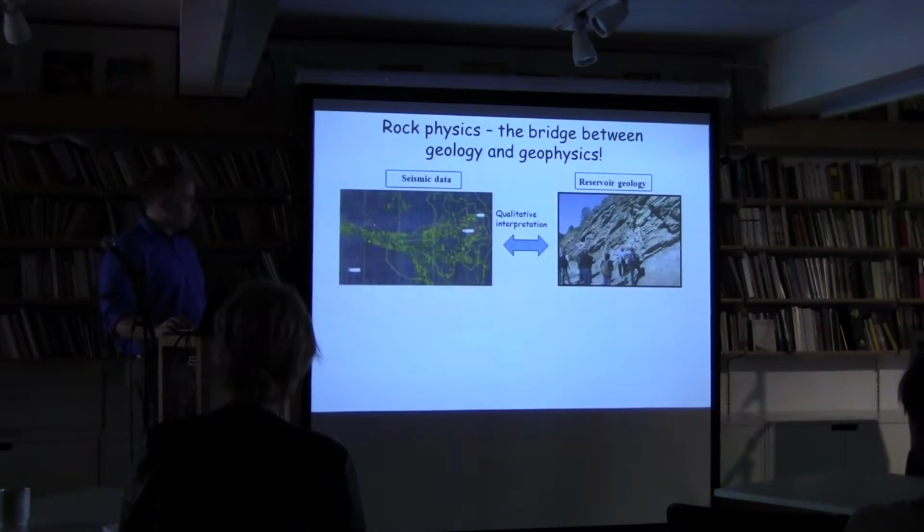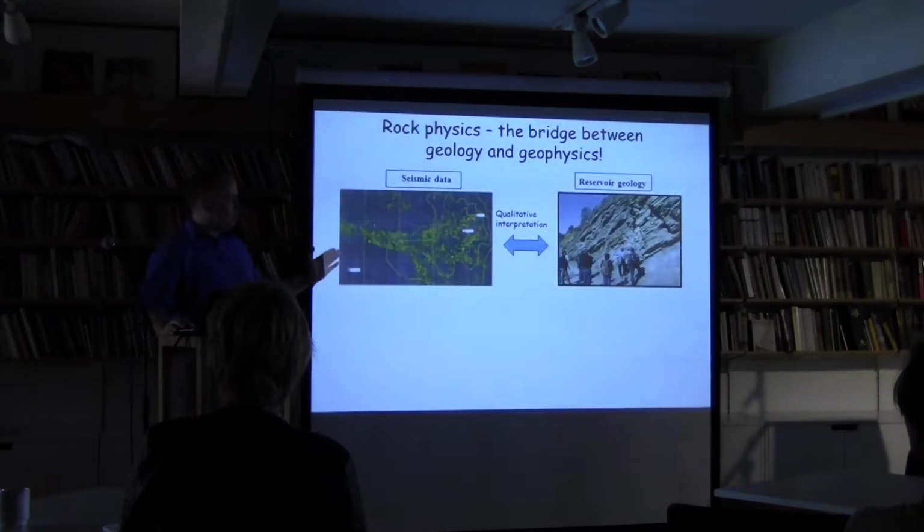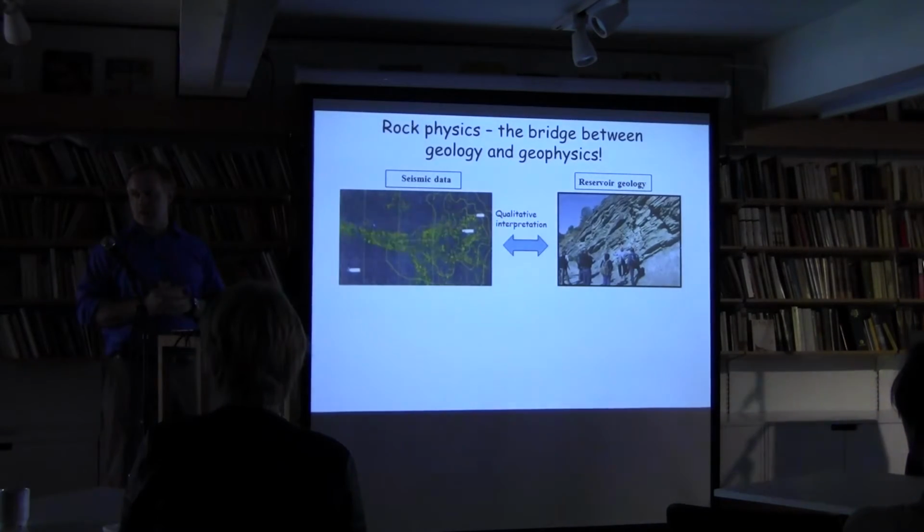So really what we want to achieve in quantitative seismic interpretation is to find out what these amplitudes mean in terms of the geology. You can do a lot of things qualitatively by going to the field, looking at geometries, the shapes of the turbidites, and recognize the patterns and do qualitative assessment of these seismic amplitudes.